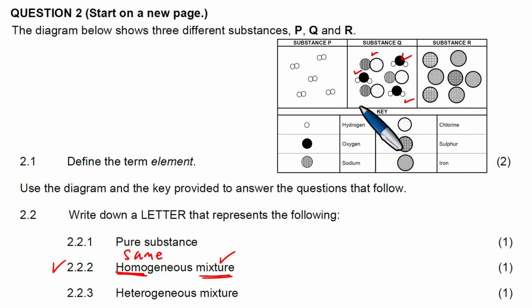But also this is the same as this, and the same as that. Okay. So as a consequence, we are able to see that a letter that represents a homogeneous mixture will be the letter Q.